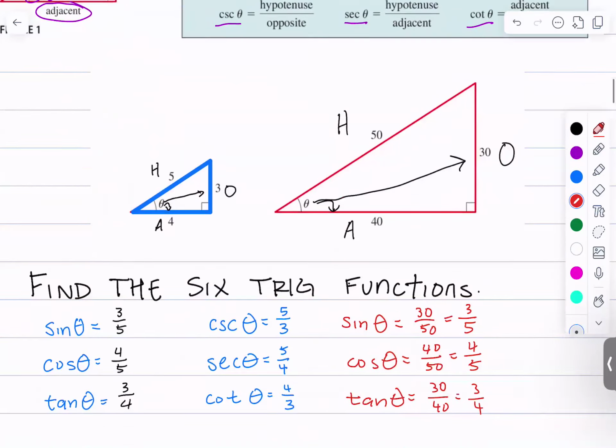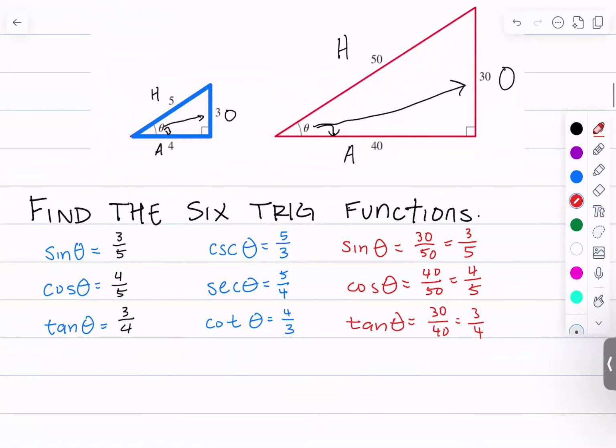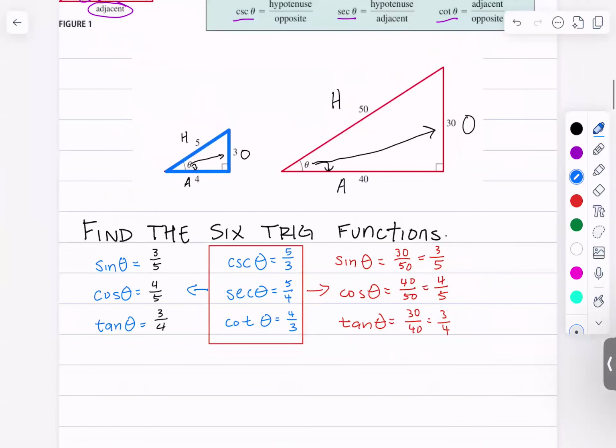So notice that 30, 40, 50 has the same ratios between the sides as a 3, 4, 5 triangle. So we have the same cosecant, secant, and cotangent values as well. Cool? So the trig functions are just ratios.